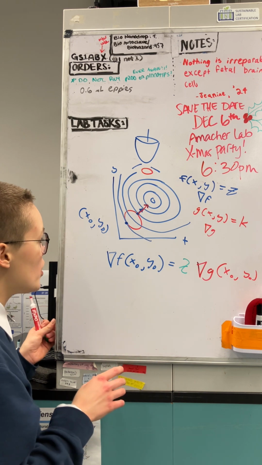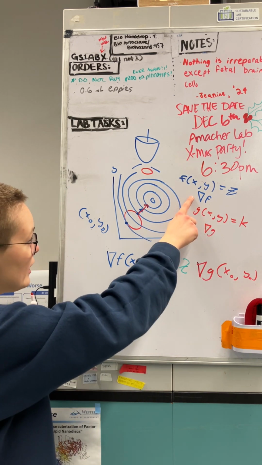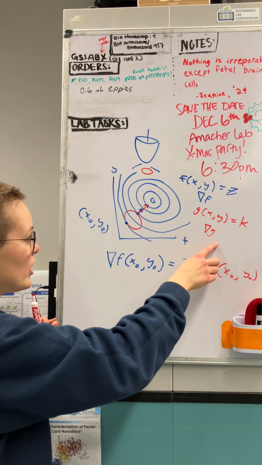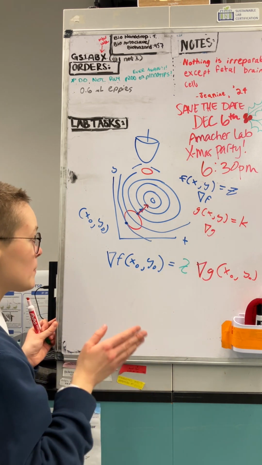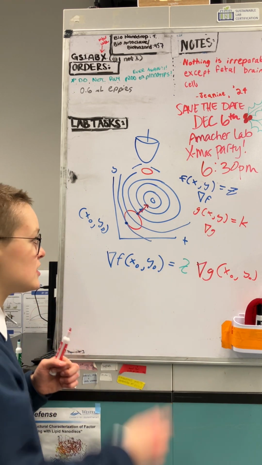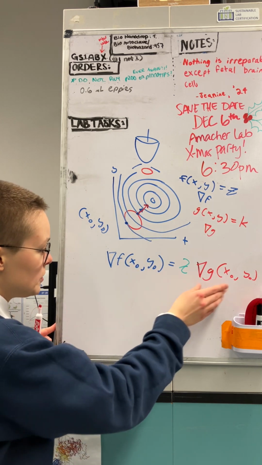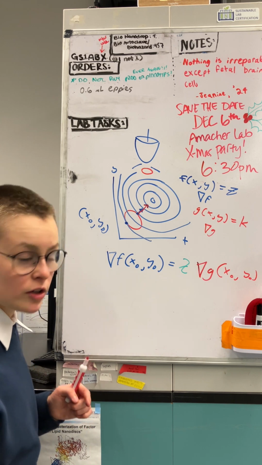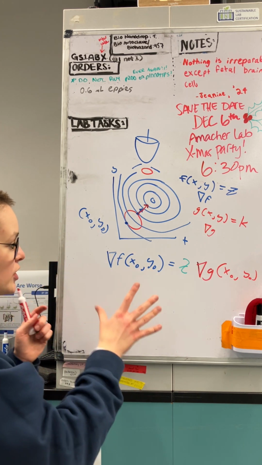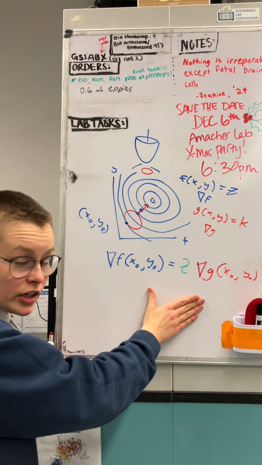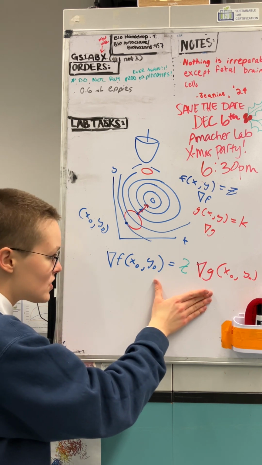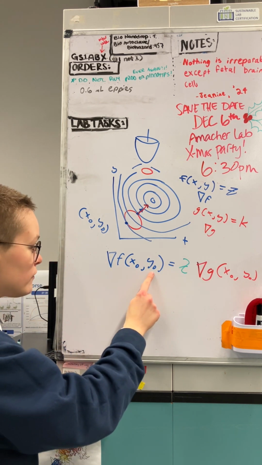Well, we know that at a contour, the gradient is perpendicular. So that means the gradients of both of these have to be perpendicular at the same point, because these are tangent. And so we can say that this gradient is equal to a multiple of this gradient because they point in the same direction. That is the background of where this equation came from. Now that we have this, we can use this to solve for this point.